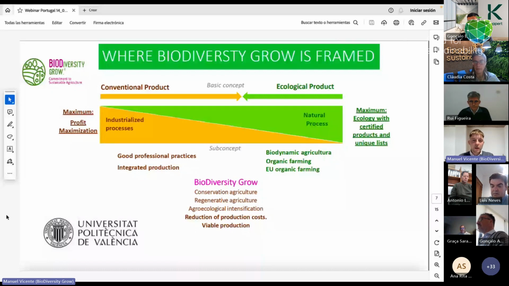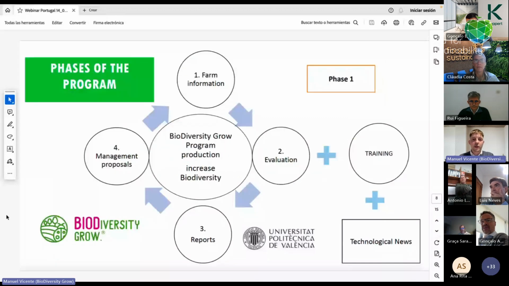But for us, it's quite important to remark that we are changing the practices while maintaining the level of yield and performance in the growers' production. It is also important that they are still respecting all the quality standards and food safety standards that are, of course, fundamental to commercialize this kind of products.